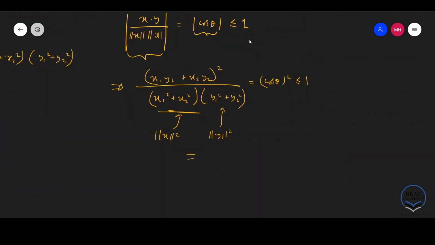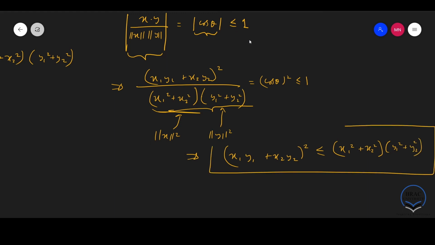And from this, if I multiply both sides by my denominator here, I will have (x1 y1 plus x2 y2) whole squared less than or equal to 1 times my denominator, which is (x1 squared plus x2 squared) times (y1 squared plus y2 squared), right?